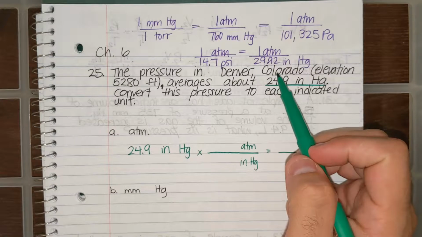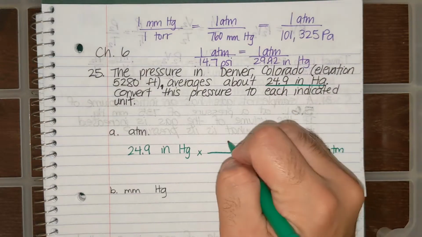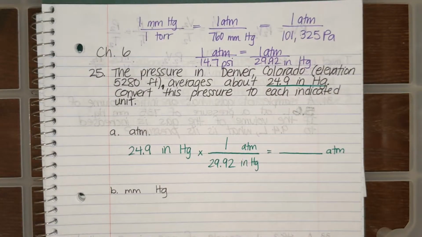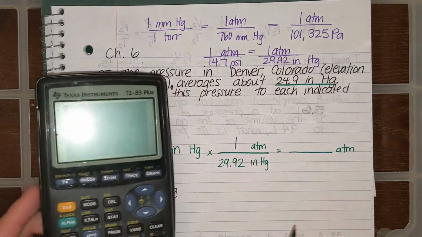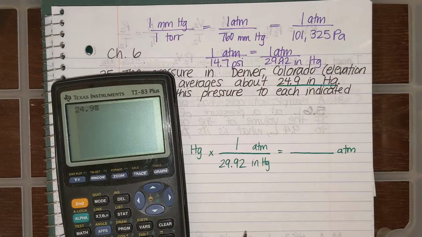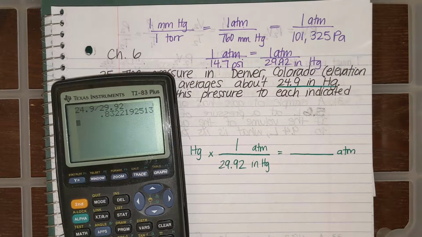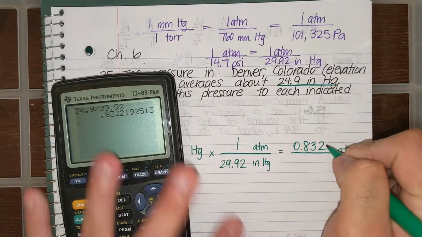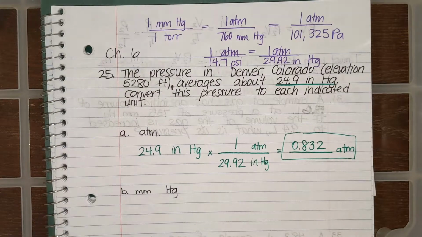One atmosphere is 29.92 inches of mercury. So I'm going to do 1 over 29.92 inches. Now all I do is calculate this: 24.9 times 1 divided by 29.92, and I get 0.832 atmospheres. That was my first conversion.